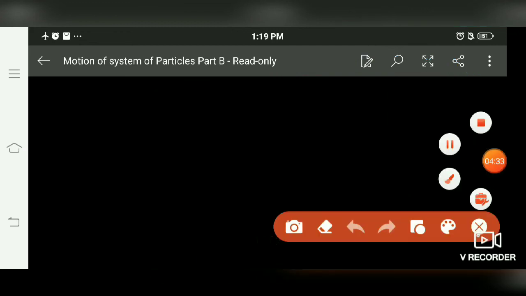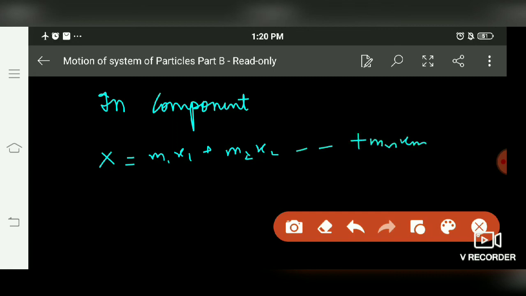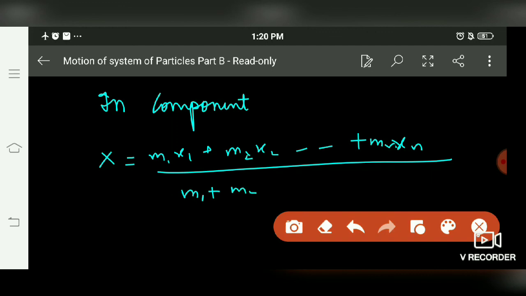In component form, r vector can be written with the x component as m1 x1 plus m2 x2, and so on, up to mn xn, divided by m1 plus m2 plus so on up to mn.